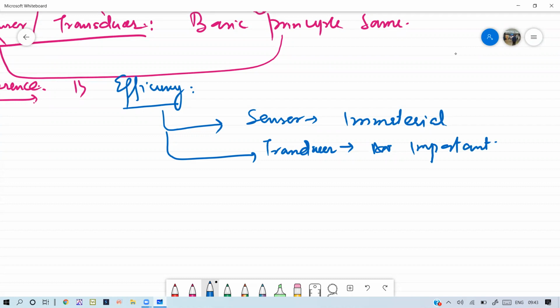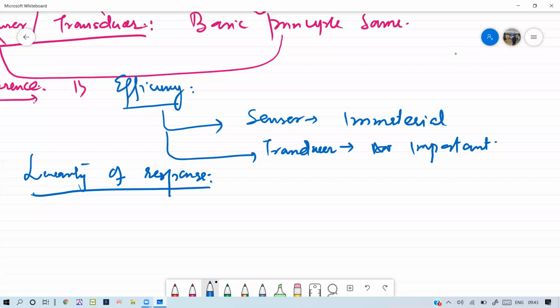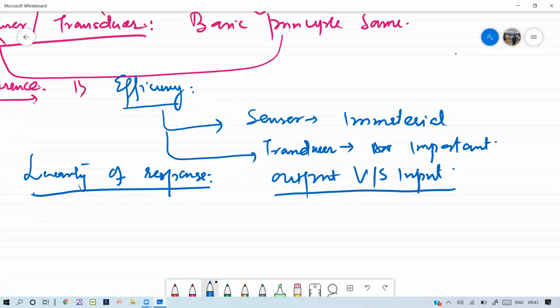Another point is called linearity of response. What we mean by linearity of response is plotting the output versus input. When we plot output versus input, it is important for a sensor.